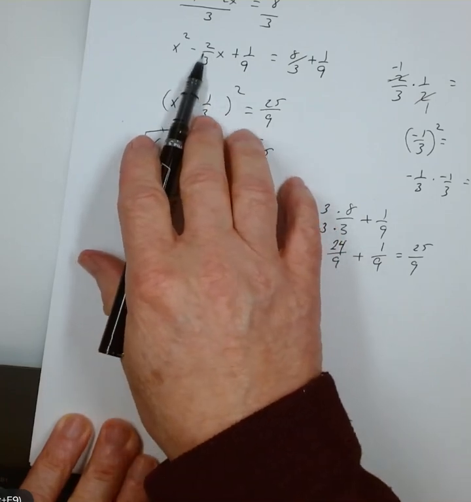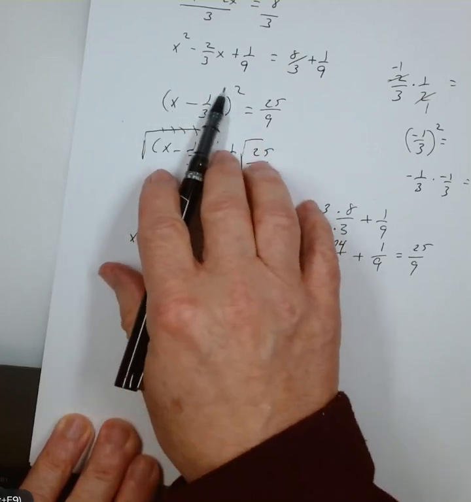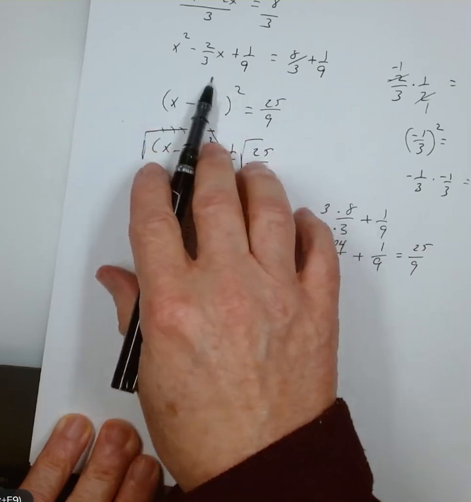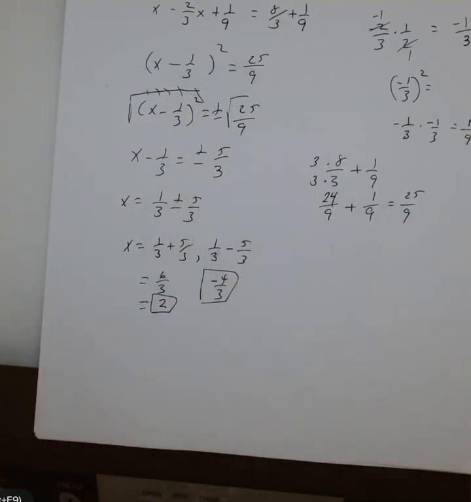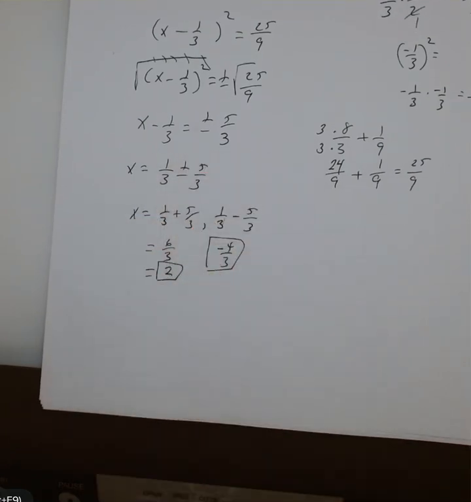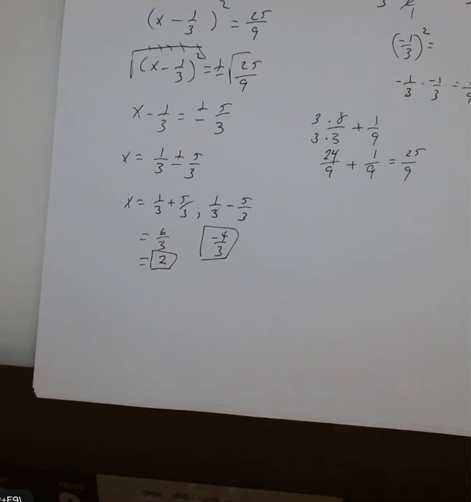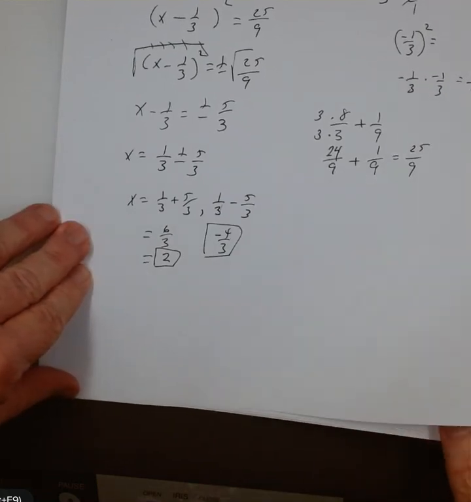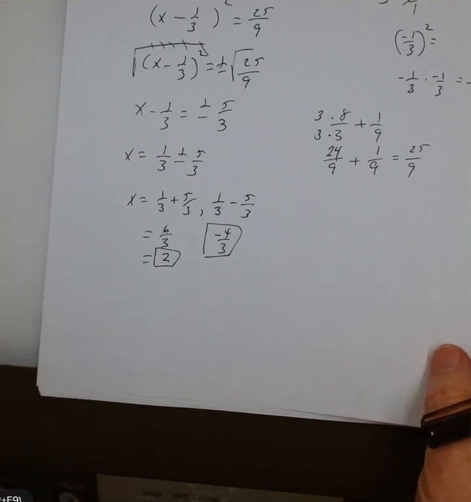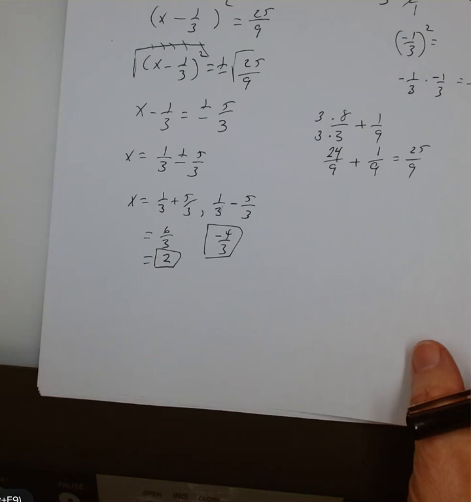You should be able to recognize this. And then the other part is to get rid of that exponent: you take the square root of both sides, and then you go from there. All right, so that is the end of section 1.5. You had 1.5 last week, and this week you had completing the square. So we're done with 1.5.